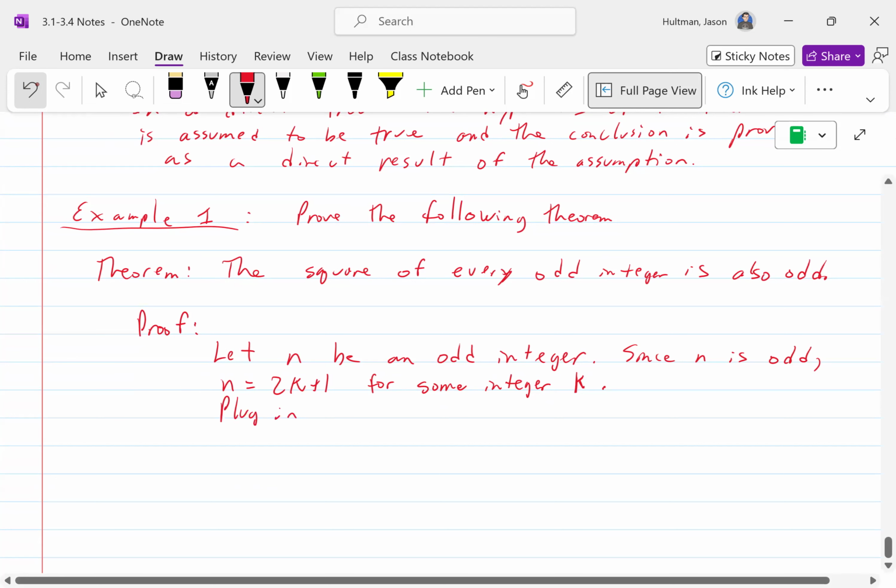Plug in 2k plus 1 into n squared to obtain n squared equals (2k plus 1) squared.